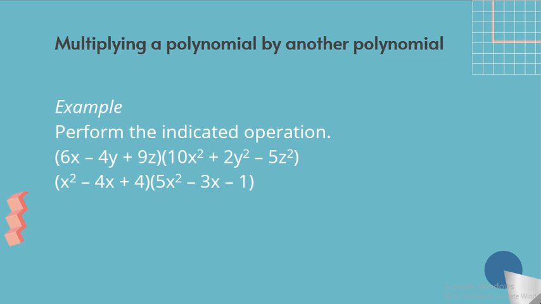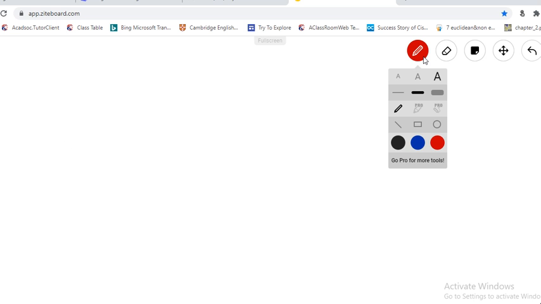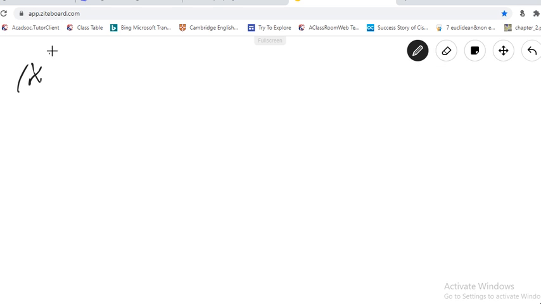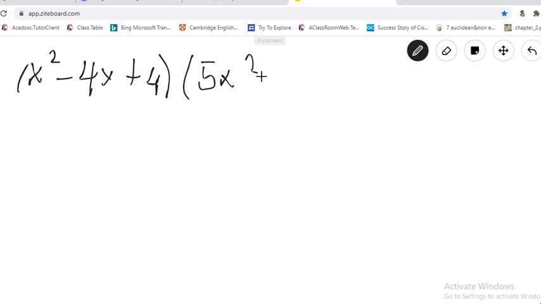We have the quantity x squared minus 4x plus 4 multiplied by the quantity 5x squared minus 3x minus 1. Let me just write it on our board. So we have x squared minus 4x plus 4 multiplied by 5x squared minus 3x minus 1.